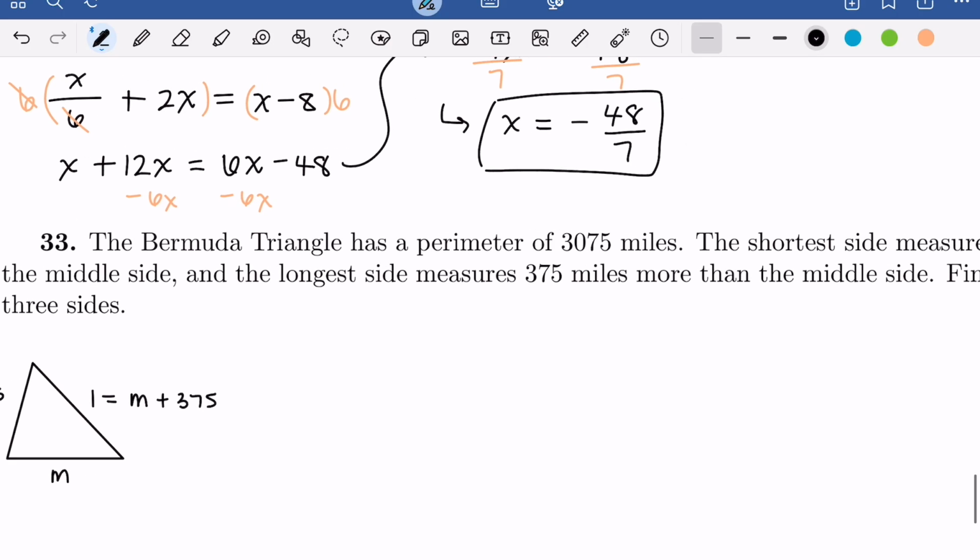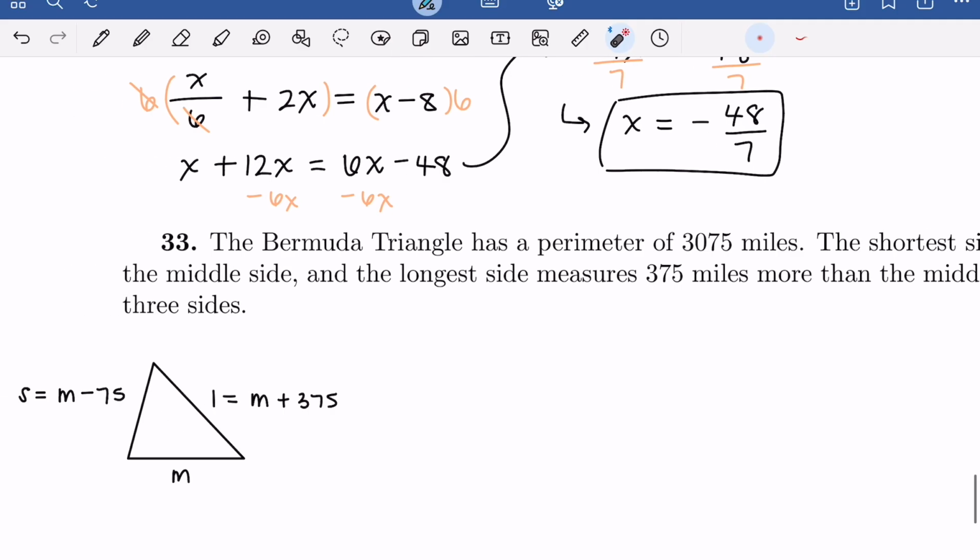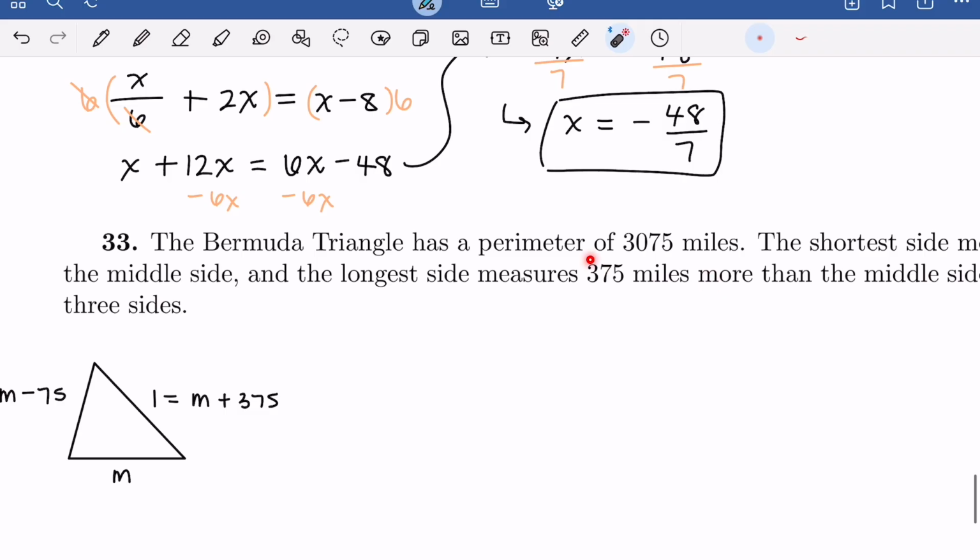The next thing we're going to do is use our given information to create an equation. Now we're told that the perimeter is this guy here. So that means the sum of all 3 of these sides, that's going to be the perimeter of this triangle, needs to equal this 3,075 miles.